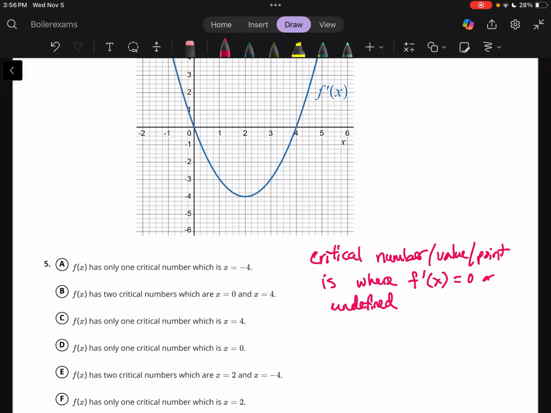It's not relevant for this problem, but the critical points indicate possible locations for a local minima or local maxima.